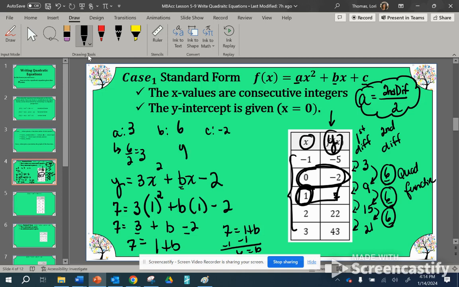Now we can replace the b value. So our a was 3 times x squared plus our b value is 6 times x minus 2. So here we have our equation in standard form. If we wanted vertex form or factored form, we could apply those skills.